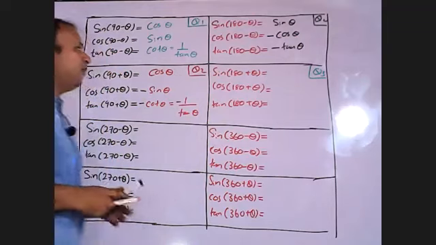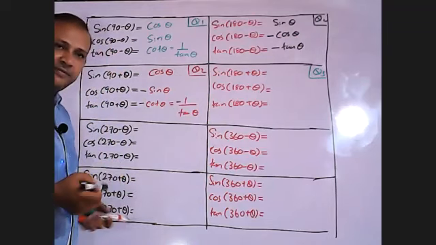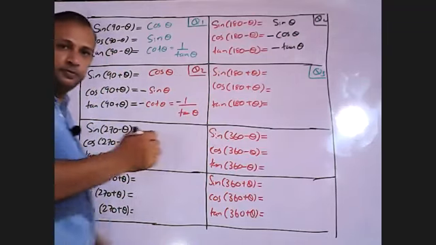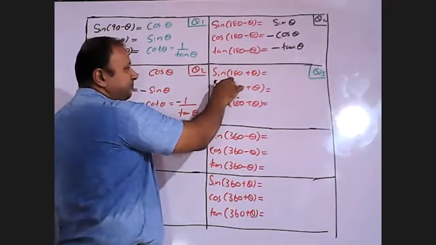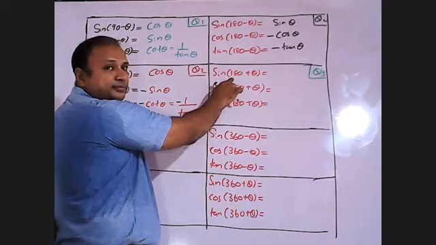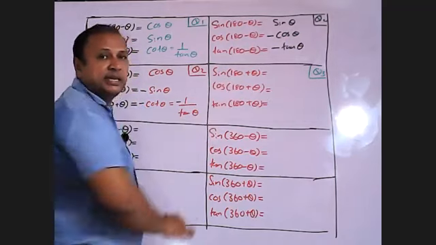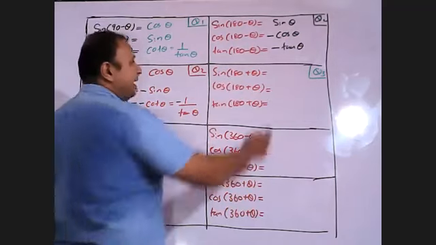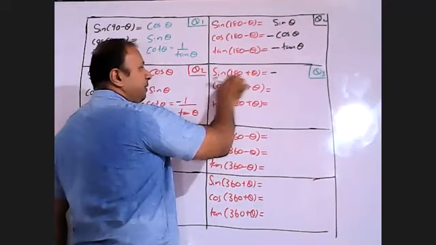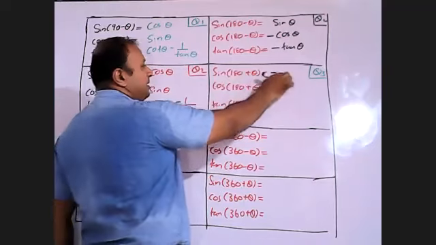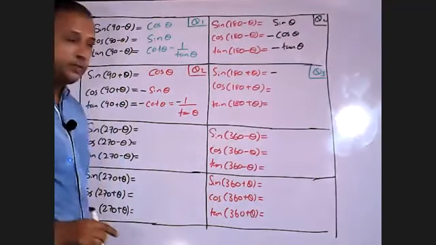Sine value of 180 plus theta, is it positive or negative? Negative, because this one belongs to Q3. Q3 means sine value is negative.